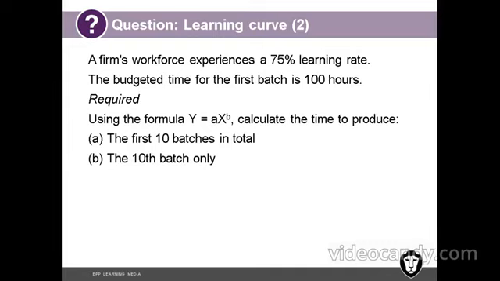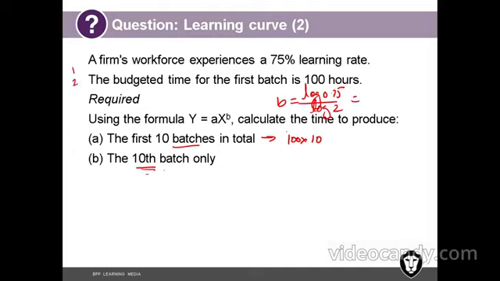Question: 75% learning curve. Budgeted time for the first batch is 100. Find the first 10 batches in total and the 10th batch only. For 10 batches in total, let's find the average. 100, 10, 75% learning effect I need. Learning index: log 0.75 divided by log 2, because 10 doesn't come in doubling.